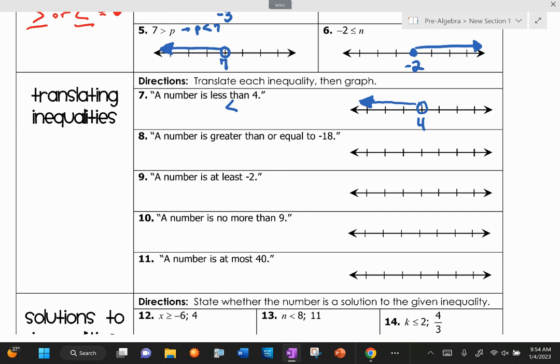I don't know. What if it just says it's in the same spot? Yeah. So it's probably... I don't know.